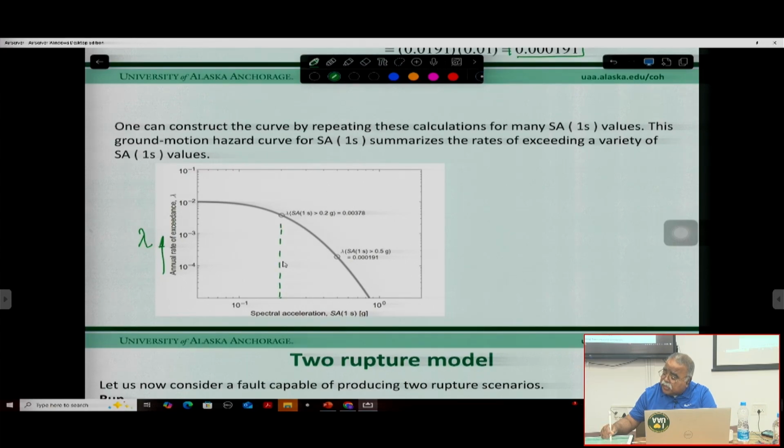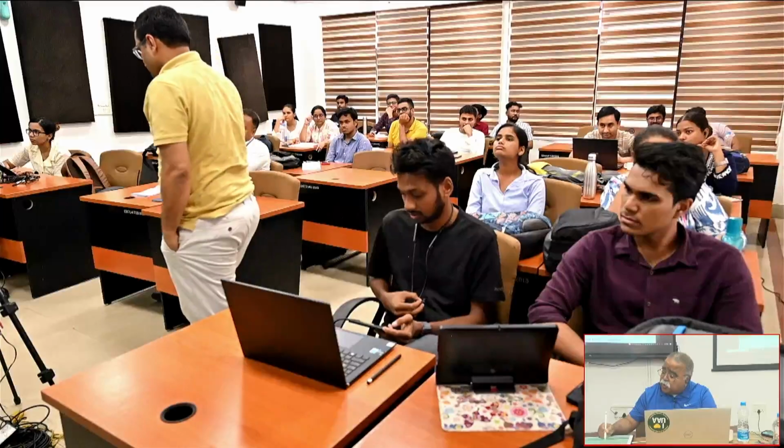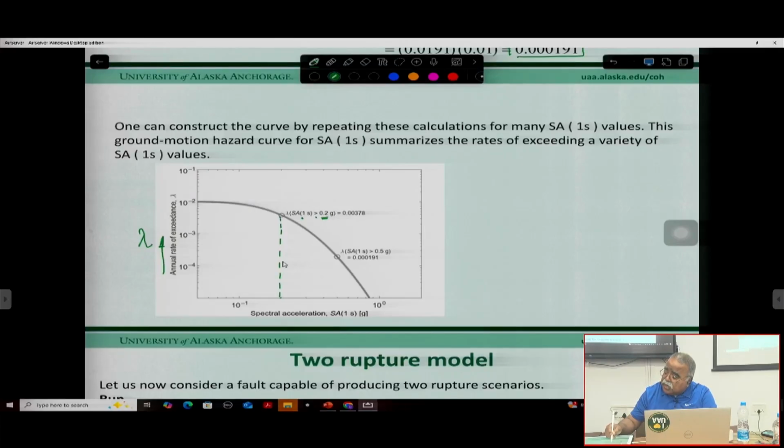The 1 second acceleration to get 0.2 g is equal to 0.00379. That will be this value, 0.00379. So that point we can calculate.